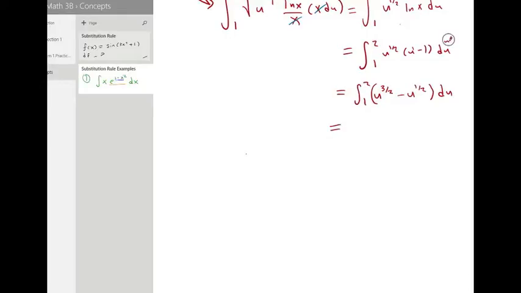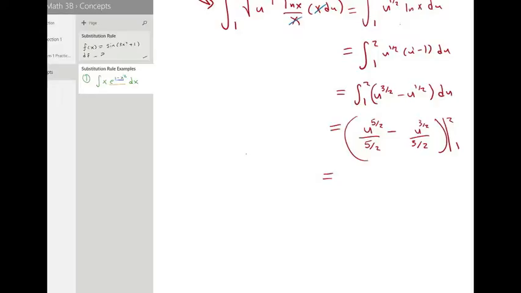Now we integrate this. We add a power to u to the 3/2, we get u to the 5/2, and we divide by 5/2, minus u to the 3/2 divided by 3/2. And this is being evaluated from 2 to 1.